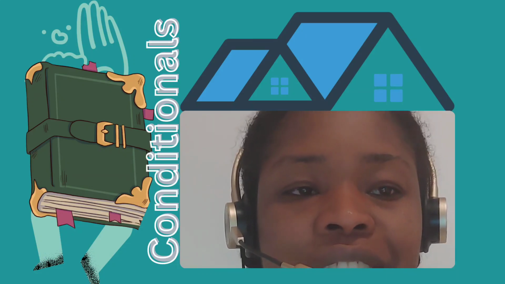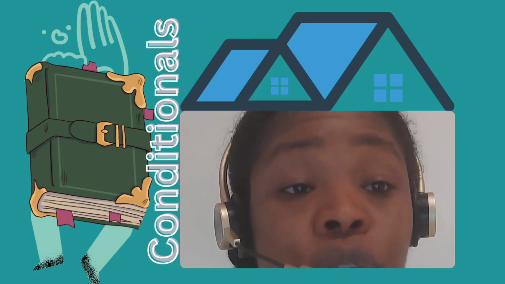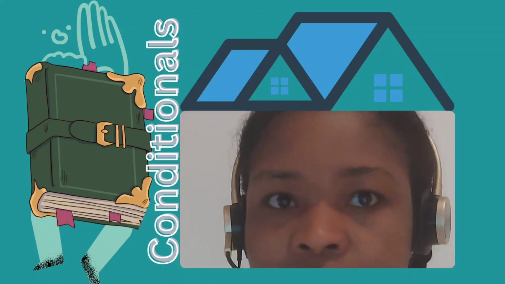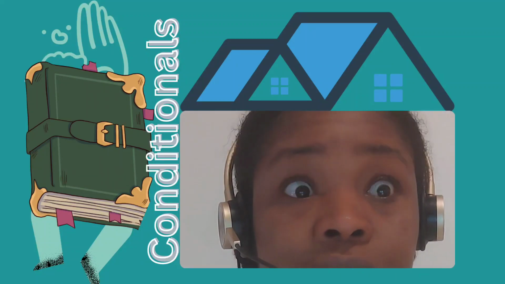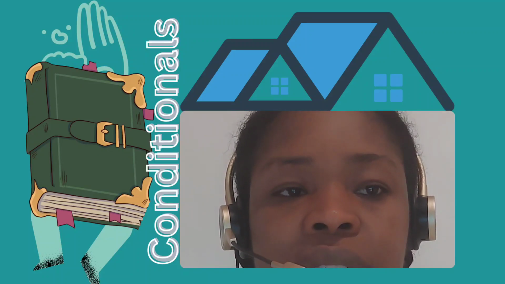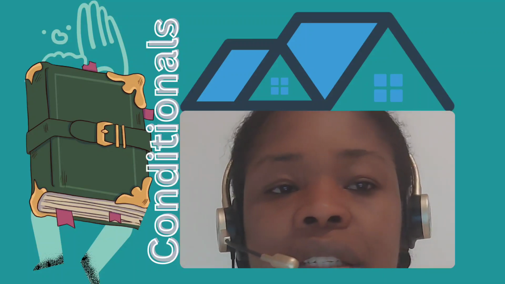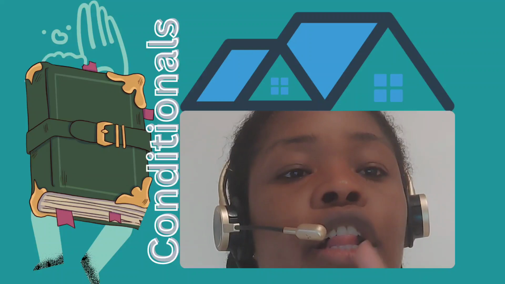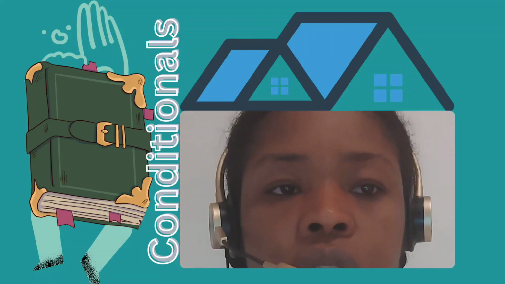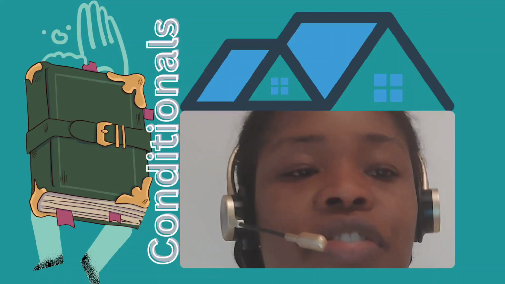Perfect. Let's check the examples. If I read more books, I learn more. This is very true. It's factual. It's possible as well. So if I read, in the present tense, more books, that's the if clause. I learn more, present tense, in the result clause. Perfect.